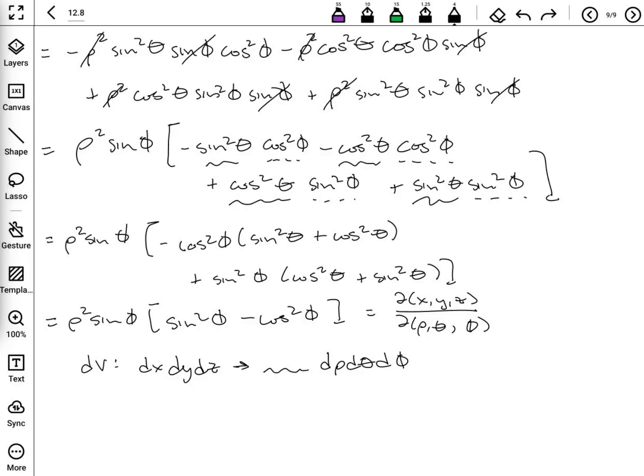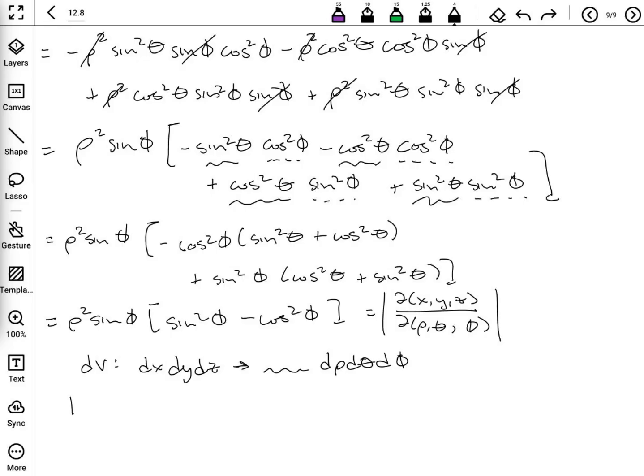And then at this point, all we have to do is take the absolute value of what we found already. Area and volume are positive things, so it's possible for a negative to come out of a determinant, but it shouldn't in this context.